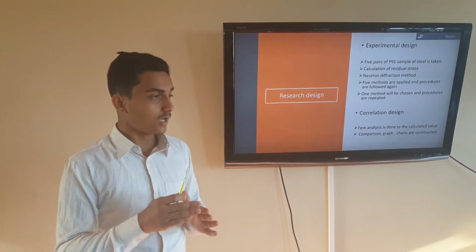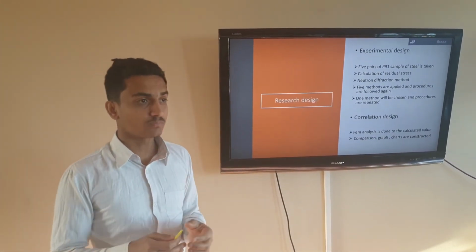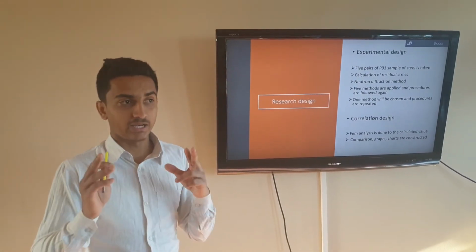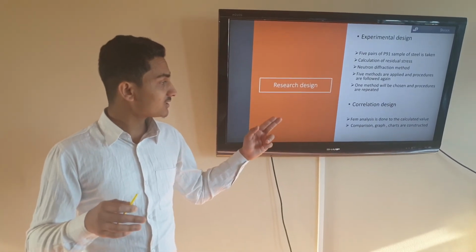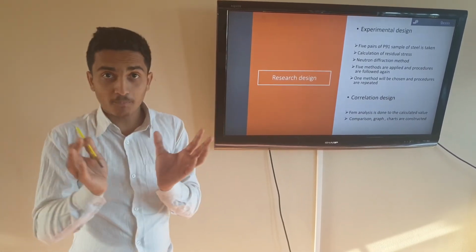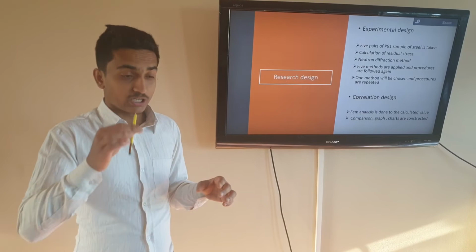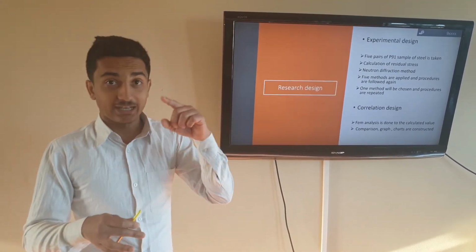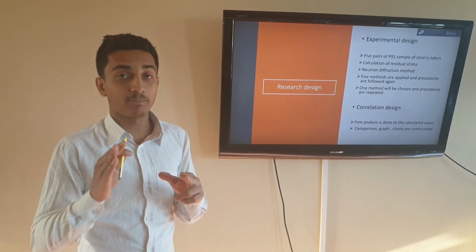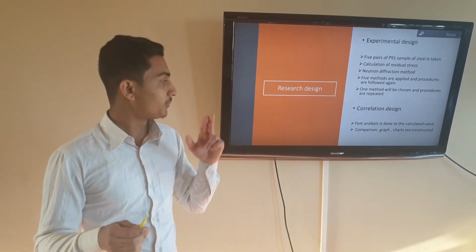After that, FEM analysis is done to measure the residual stress. And after the FEM calculation is done, the results are compared, and the treatment where the residual stress is least is selected as the best treatment process.